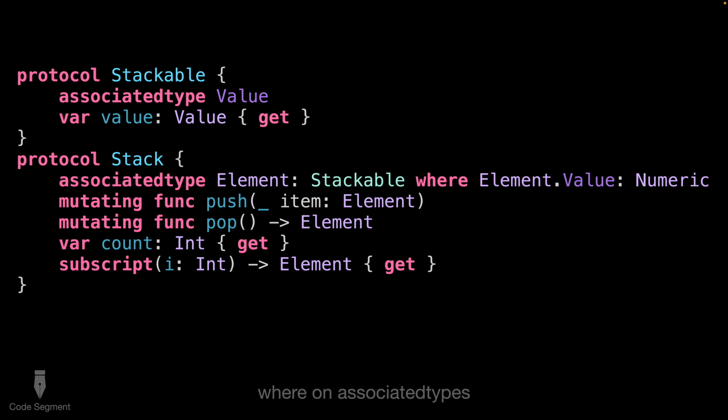So inside of any implementer of stack, any concrete type that adopts and conforms to stack, whatever type you use for element, because element.value is guaranteed to be numeric as well, then when you call .value on, let's say item gets pushed in, right? We have push item element, right? In our implementation, we'll say, oh, cool, item.value, which we have access to here, right? And the type of value we know is at minimum numeric, right?